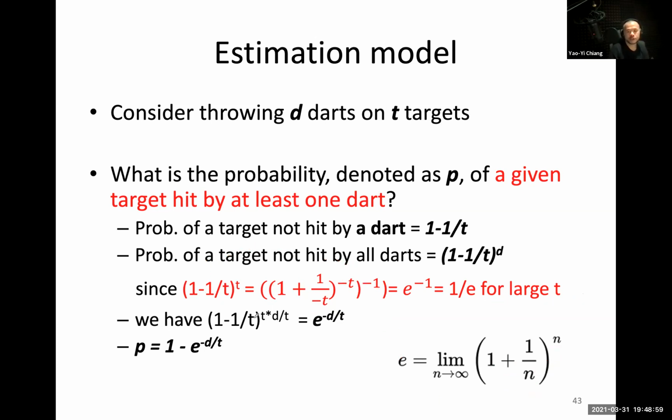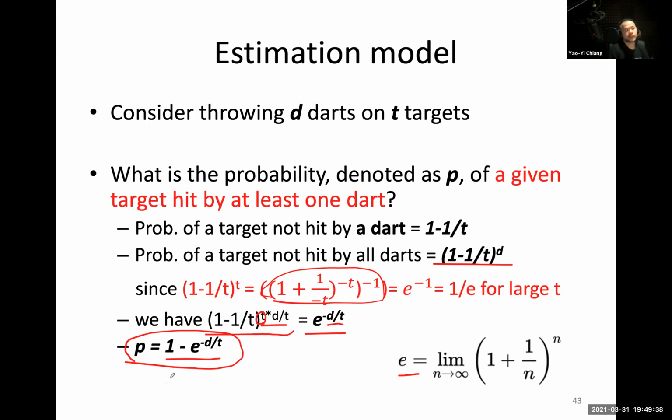So if we know this, then this is your probability. And because you want to have a t here, it will become t times d over t, right? Because we replace the core with the Euler number. So it's e to the power of minus d over t. And the probability of a given target being hit by at least one dart is 1 minus e to the power of minus d over t.